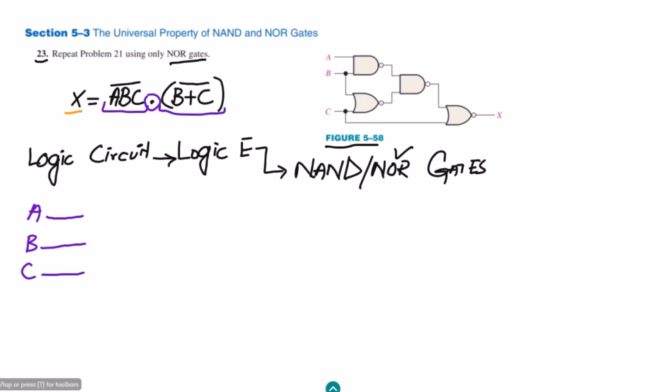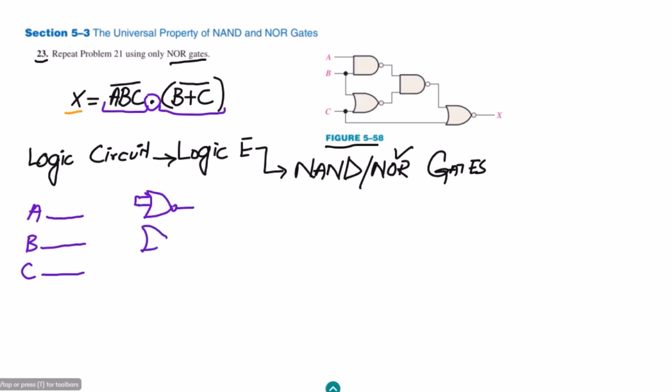Initially ABC is the word, and this is the NAND of it. Here I have to use only the NOR gate. So in order to use the NOR of it, first of all, let me use the 2 input NOR gate here. This is a 2 input NOR gate for the first one.